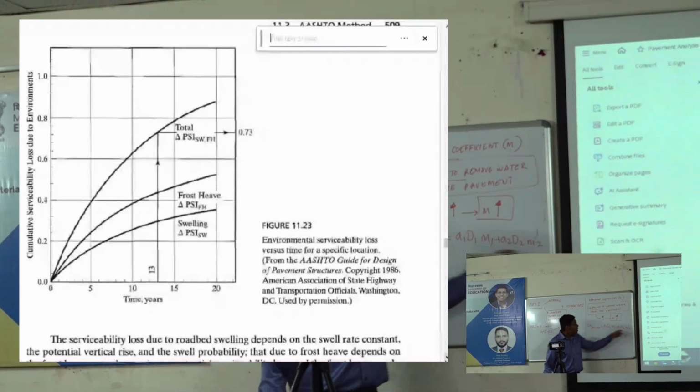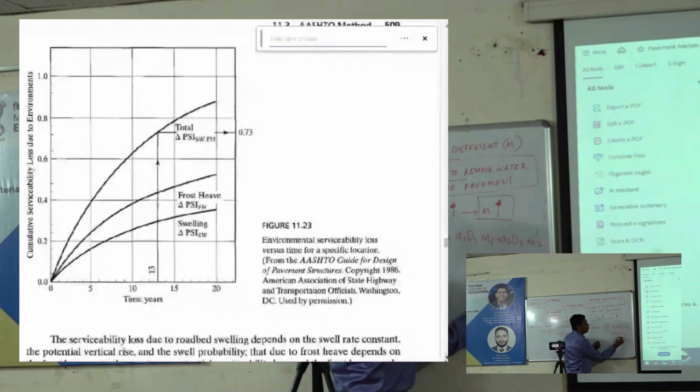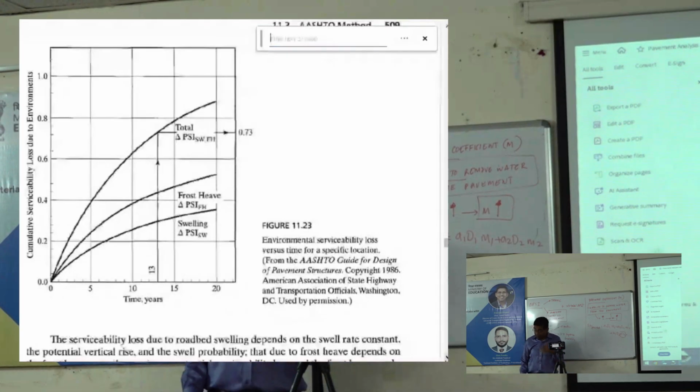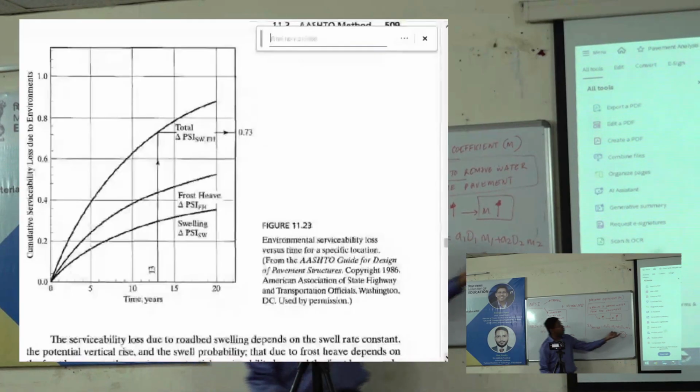And the better the material to remove the water quickly, this m value goes up. That means it is stronger and stronger. The more the layer holds water, the m value drops. So it will become 0.8, 0.7, 0.6. Immediately it will drop the utility of this layer. Does that make sense to you?